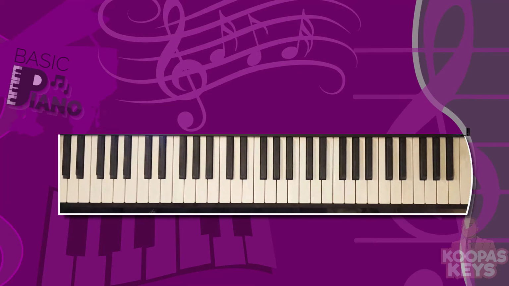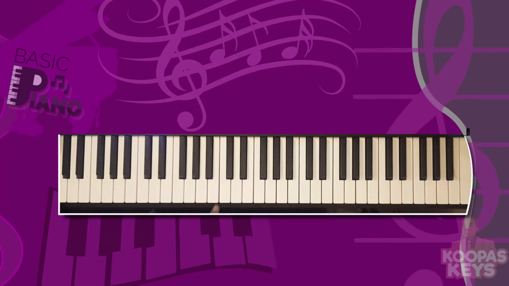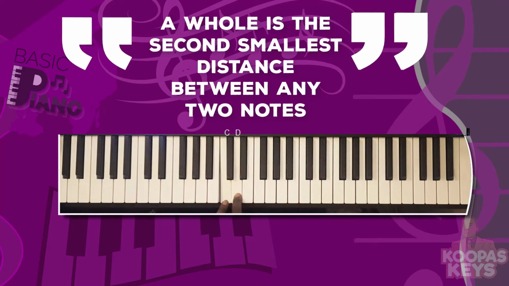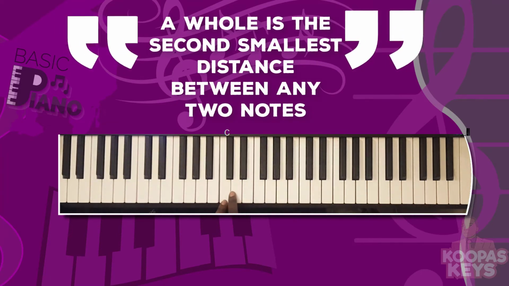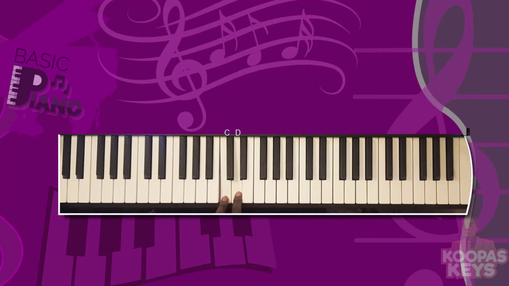The two distances we need to learn are a whole step distance and a half step distance. A whole step distance is created when you go from one note to the next note, but you leave one note in between. So for example, when you go from C to D, not just any C or any D on the piano, because I told you there's lots of C's and lots of D's, but I mean the C and D that are next to each other.